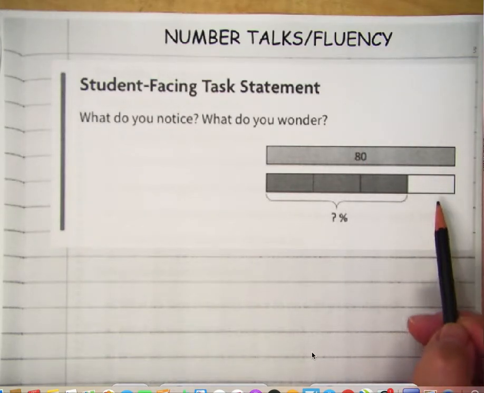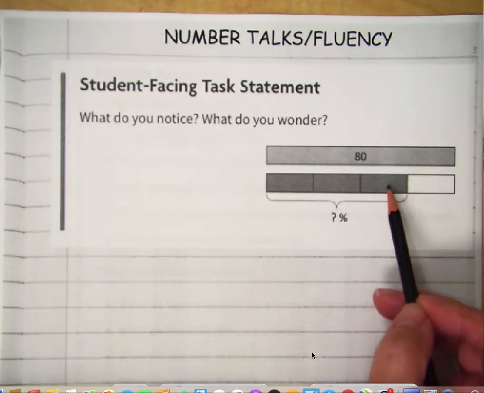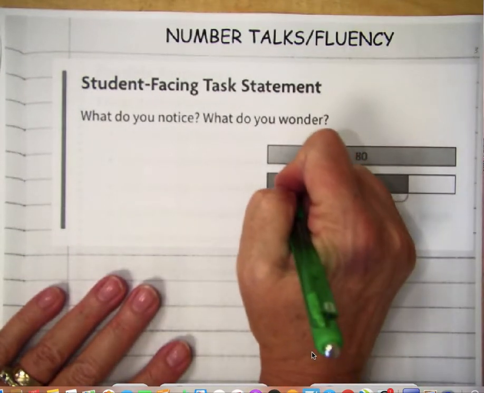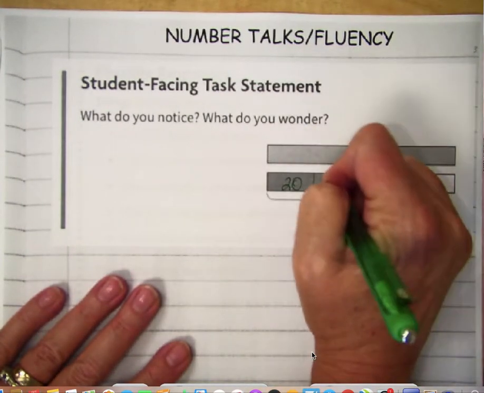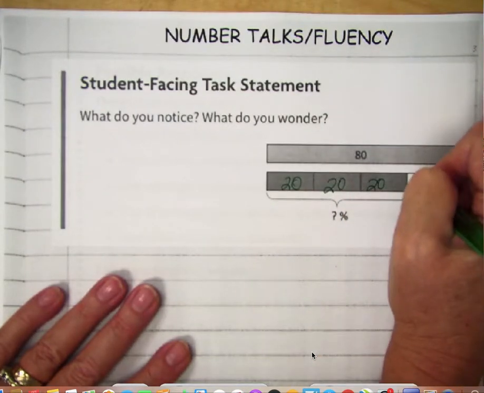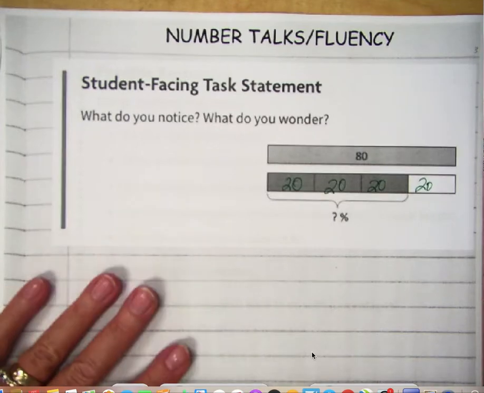So I wonder what happens if I break this down into 4 parts. Well, 80 divided by 4 is 20 in each part, right? 20 in each part. What percent would each part be?